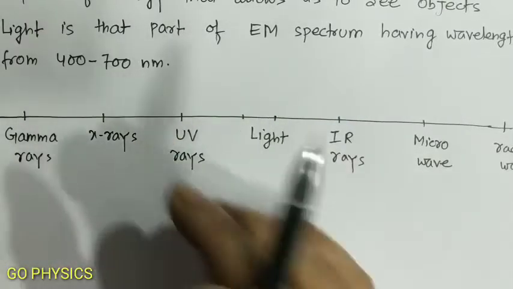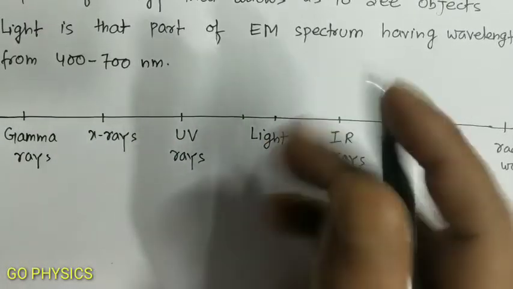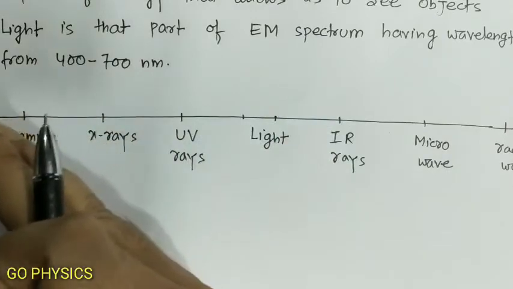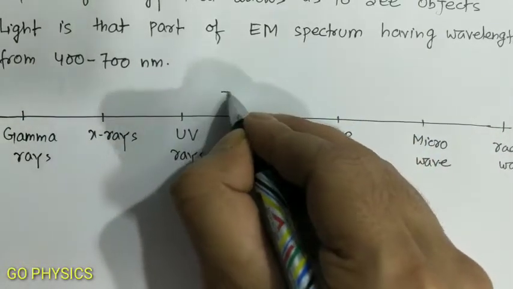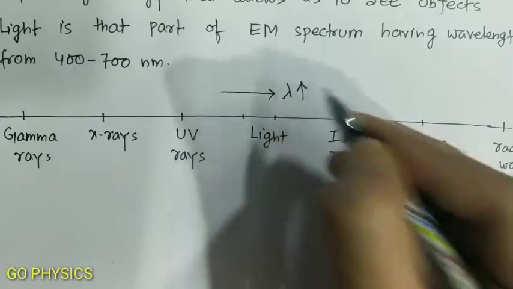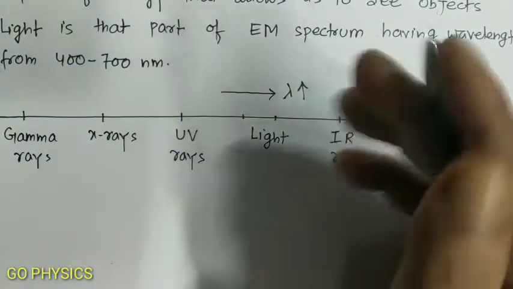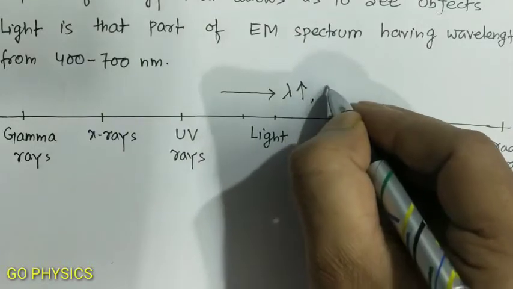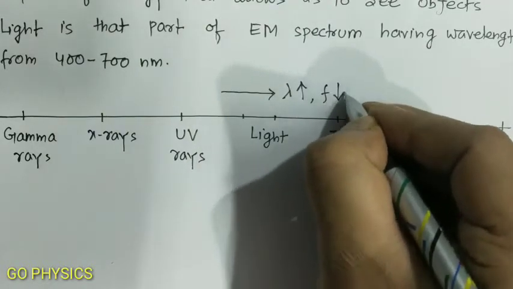I have drawn it in the increasing order of wavelength, that is, while moving from left to right, the wavelength of the electromagnetic wave is increasing, and if wavelength is increasing then its frequency will decrease.